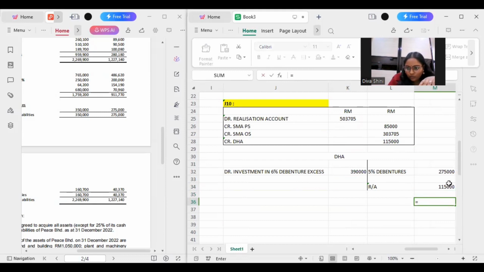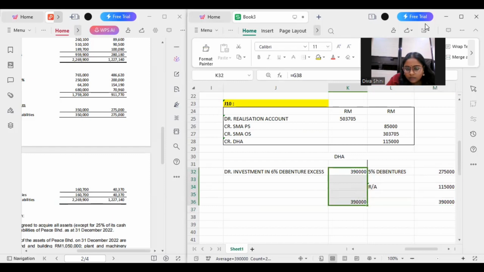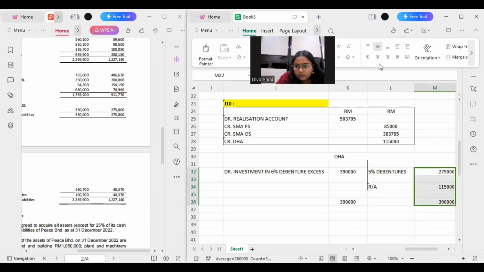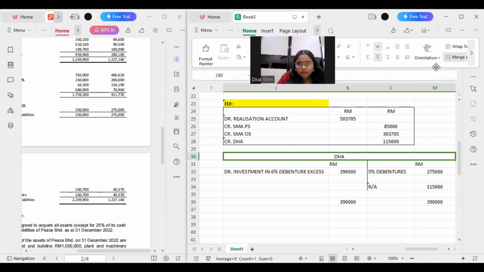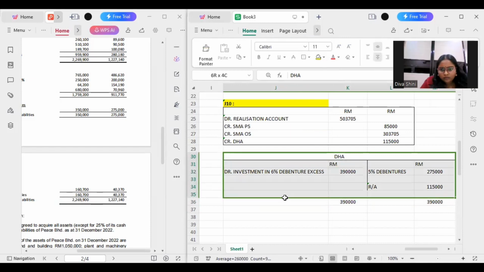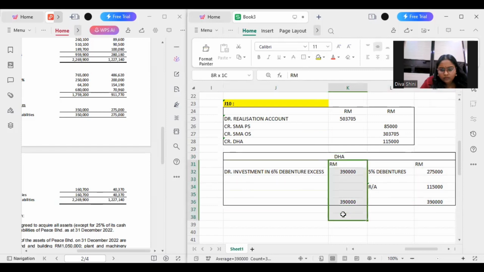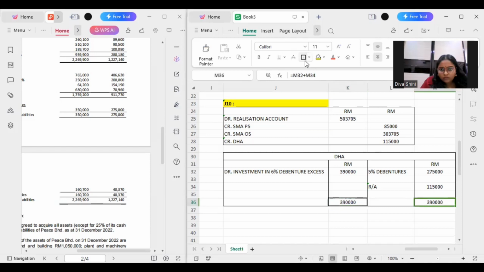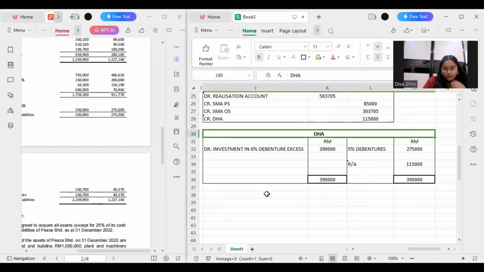So when we calculate both, they need to tally. So this is DHA, and for the last we need to do the SME columnar ledger.